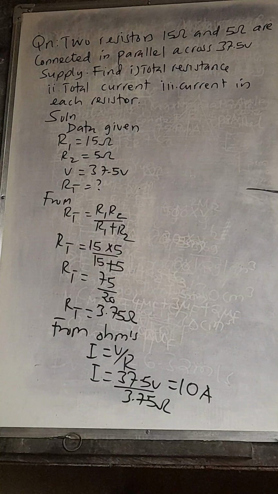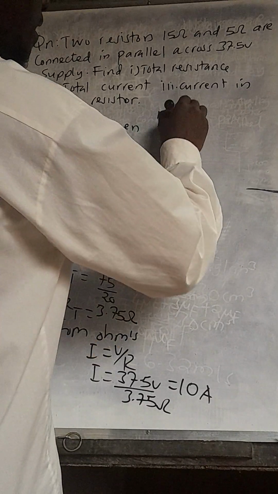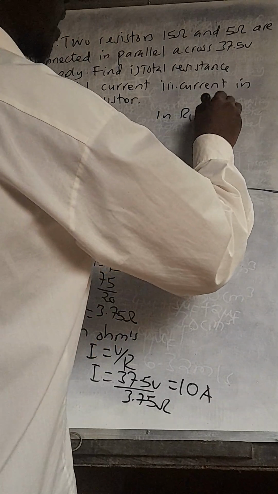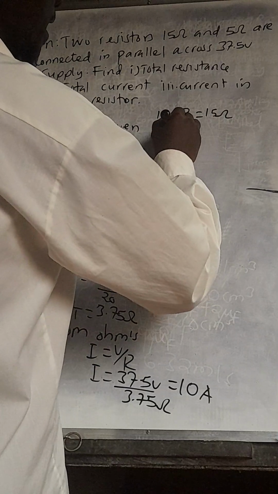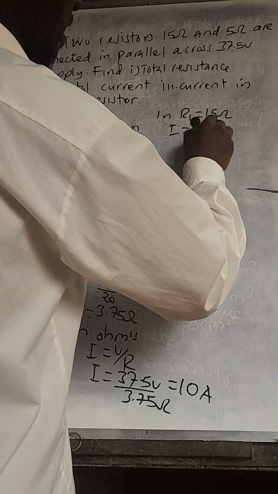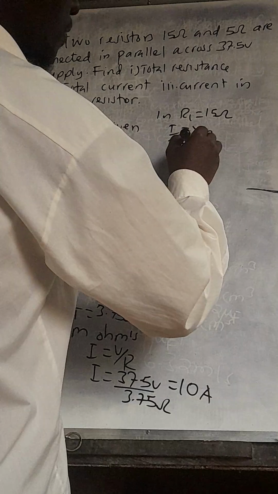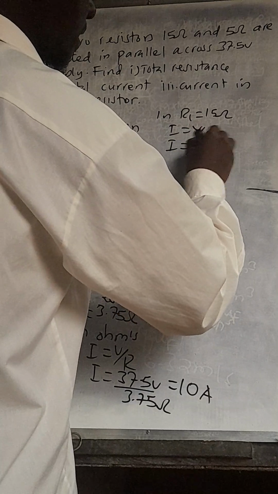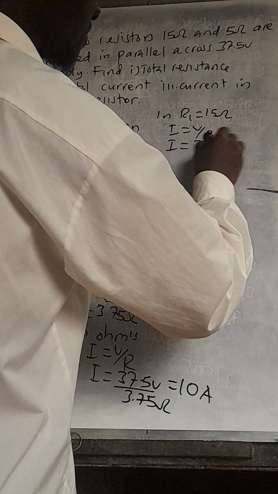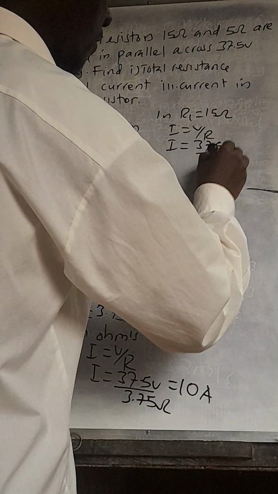To get the current in each resistor, it is very simple, because you go to those specific resistors. In R1, which is 15 ohms, current is equal to V over R. So I is equal to 37.5 divided by 15 ohms.